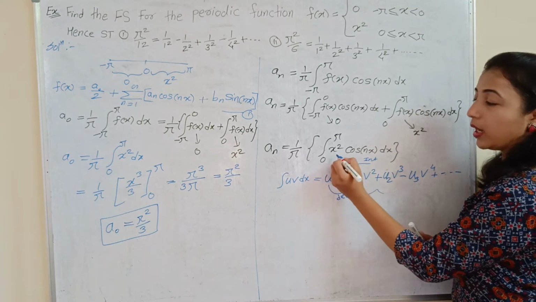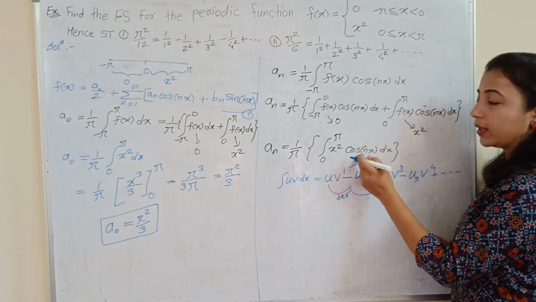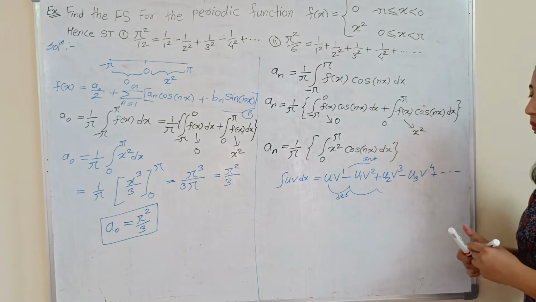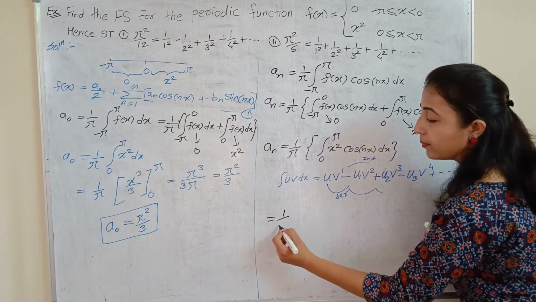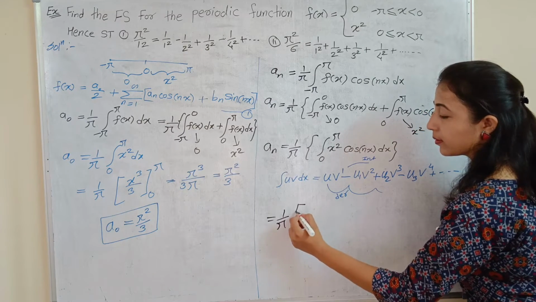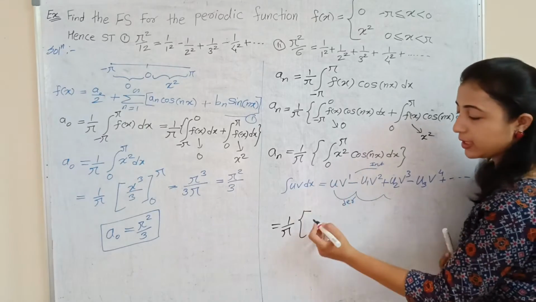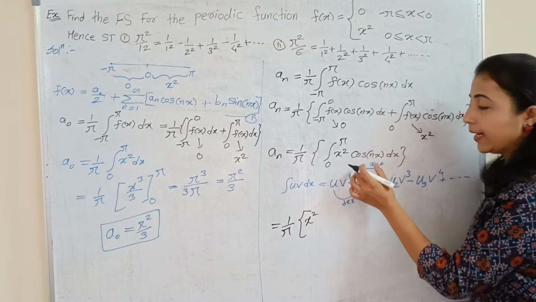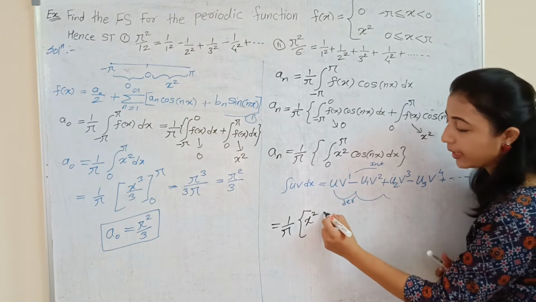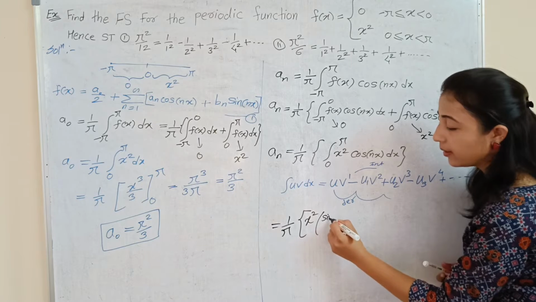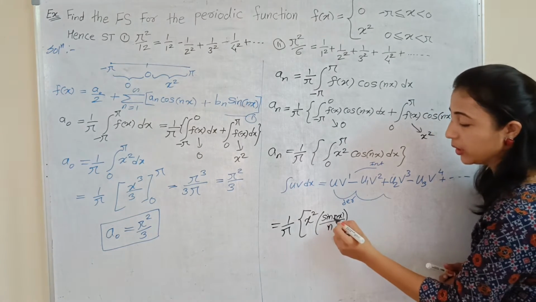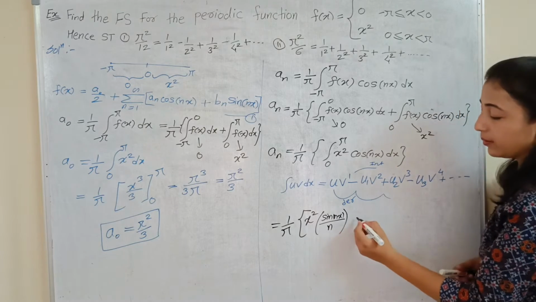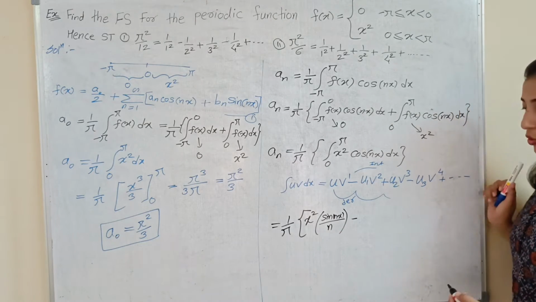See here our u is x square and cos is nothing but our v. So first u as it is, so I will write here u as it is, that means x square we write as it is. Integration of cos is sin nx divided by n. Coefficient of x you have to write in division. Alternate plus minus, so minus.